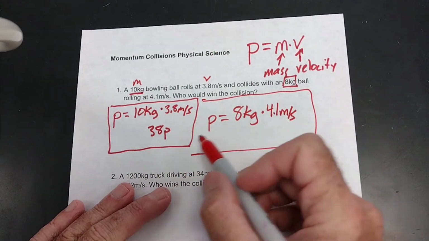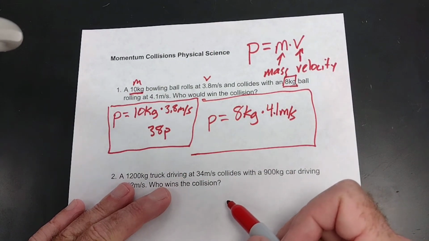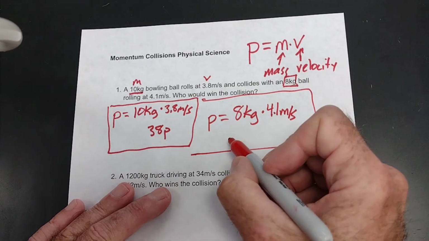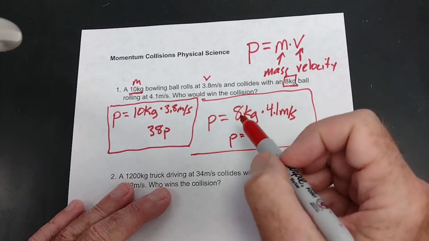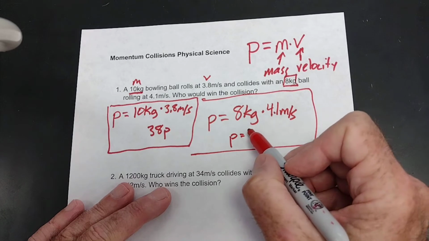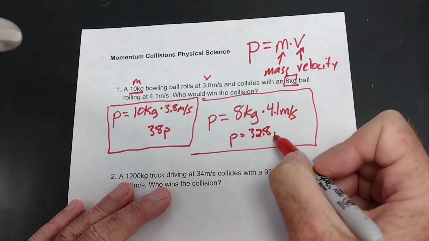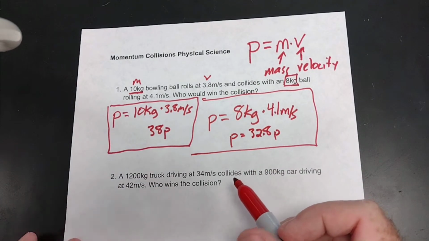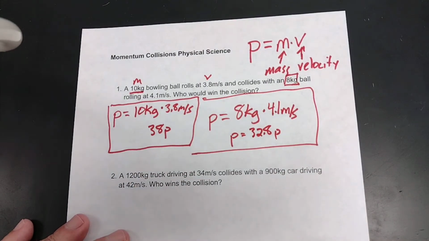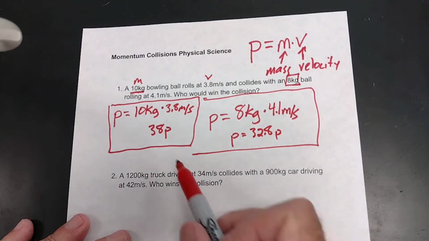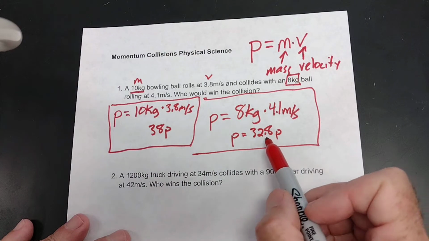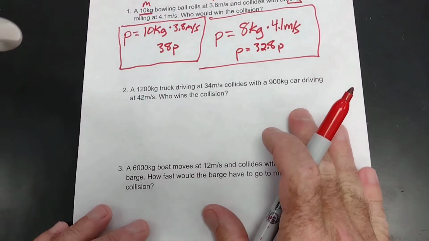Solve for this momentum. All right, that's right. You would say P is equal to 8 times 4.1, so that's going to be 32.8 P. Who would win? This guy. That's right. The 10-kilogram bowling ball has more momentum, so it would win this collision.